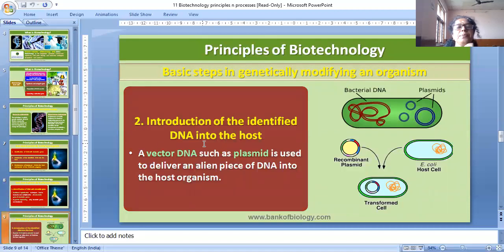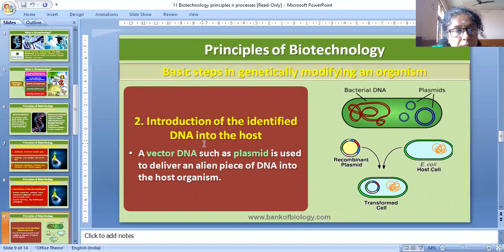Introduction of the identified DNA into the host. First, we identify the DNA having the desirable genes, then introduce it into the host. A vector DNA such as a plasmid is used to deliver an alien piece of DNA into the host organism.